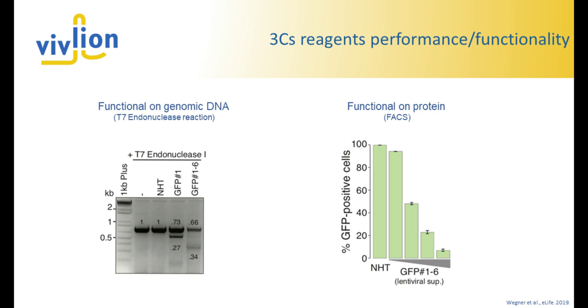So this was great because we now had a technology at hand that would generate these reagents, and we didn't know at the time if it would be suitable also for generating libraries.